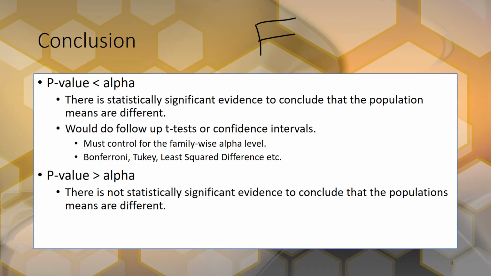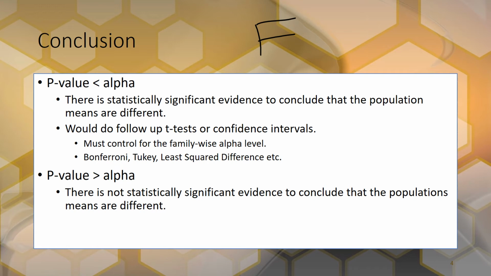And if it is, then you say there is statistically significant evidence to conclude that the population means are different. So again, we're doing the same thing as in the t-test, but now our research hypothesis is different. And our research hypothesis is that the population means are different. So that's what we write here. Now, when you do a real problem, you want to be more specific. You want to say what your population means are, what you're talking about.